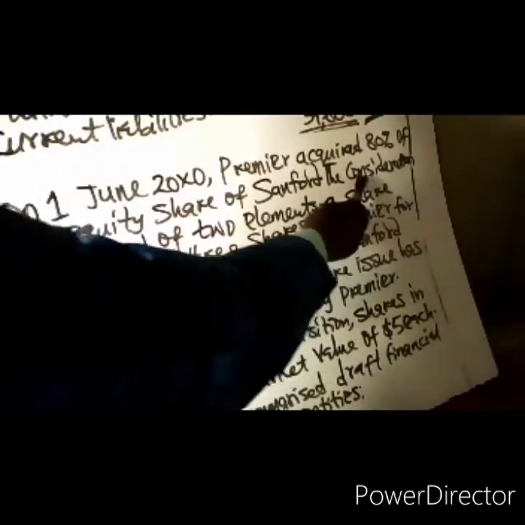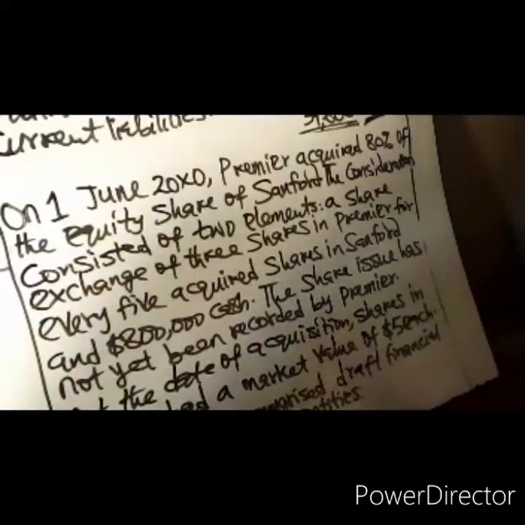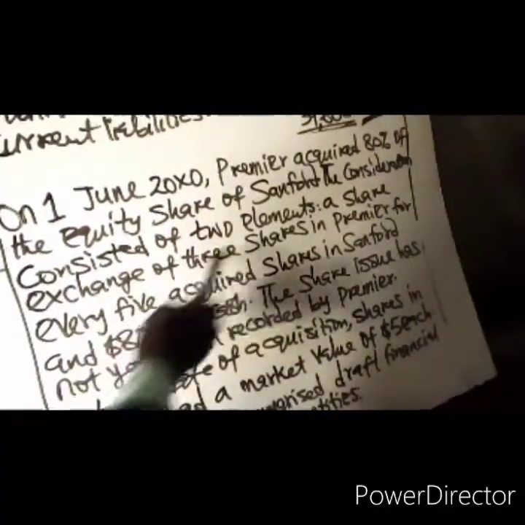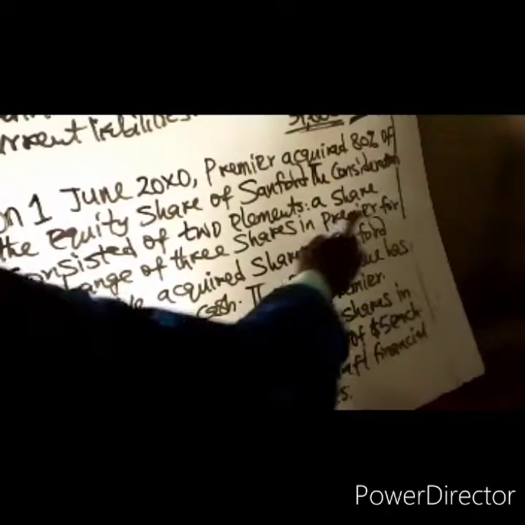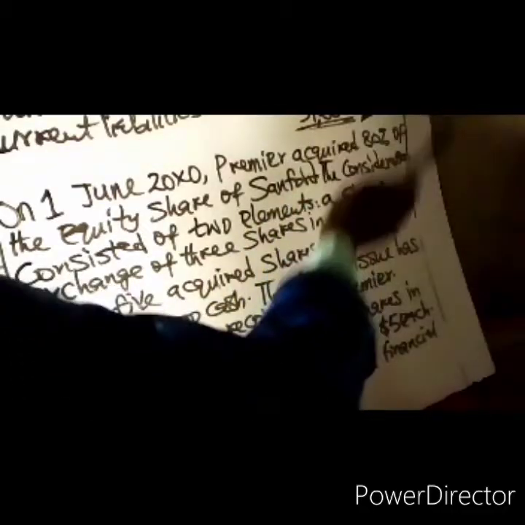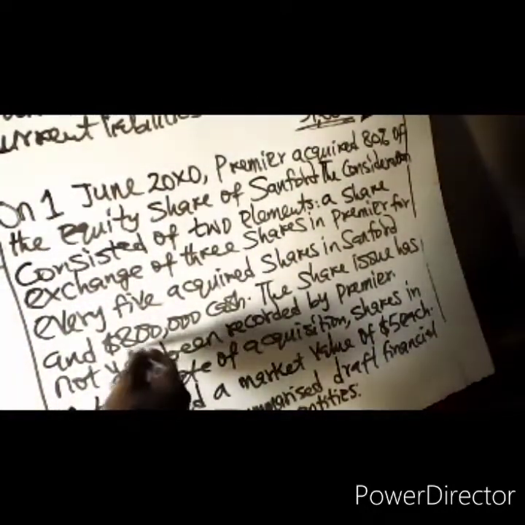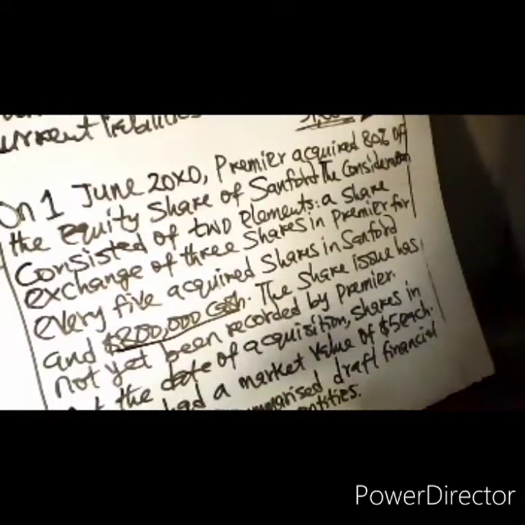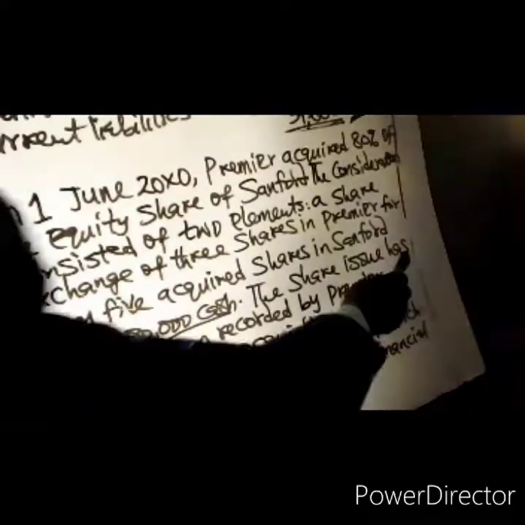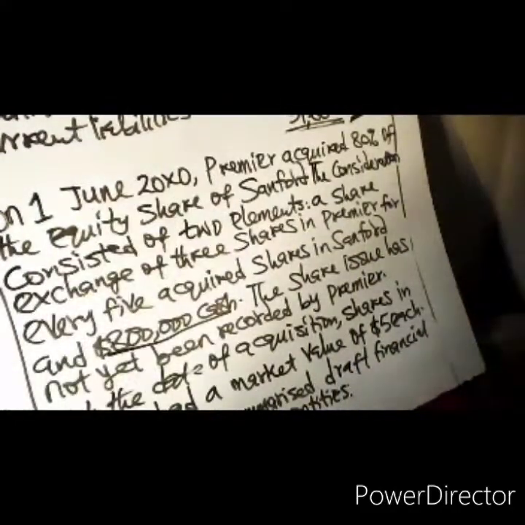The consideration consisted of 2 elements: a share exchange of 3 shares in Premier for every 5 acquired shares in Sanford, and 800,000 cash. The share issue has not yet been recorded by Premier.